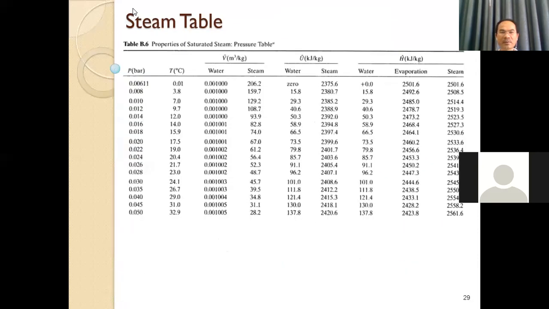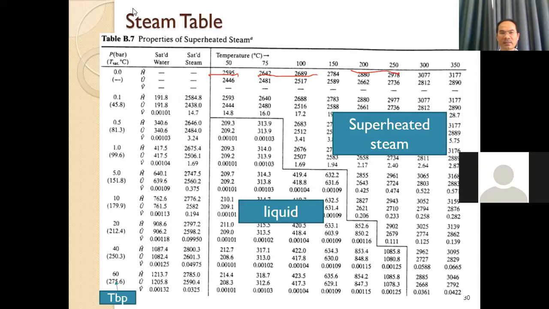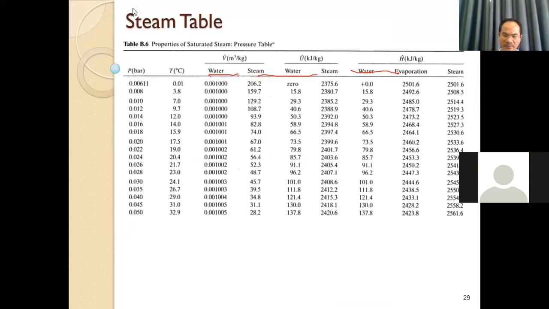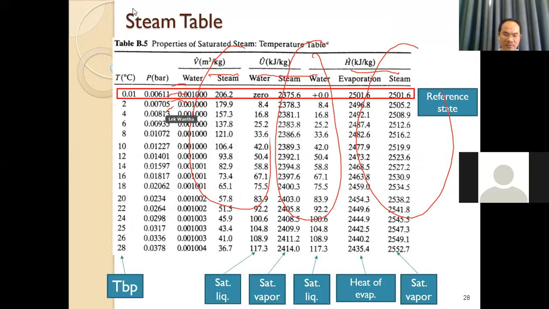Okay, I will give you some examples for calculating with the steam table. For the first example, determine the vapor pressure, specific internal energy, and specific enthalpy of the saturated state or saturated vapor. You can see in the table volume, internal energy, enthalpy, and you can also calculate the saturation temperature and saturation pressure.